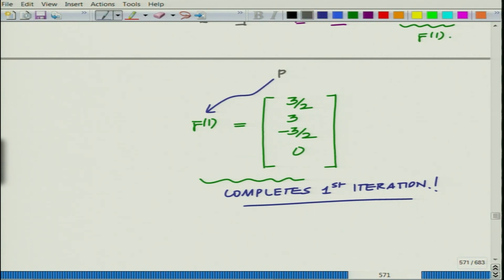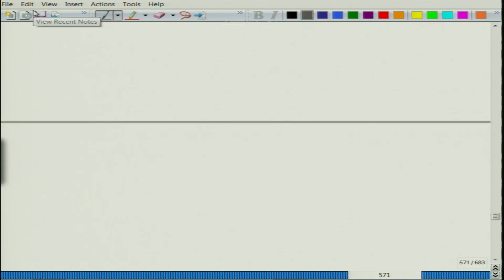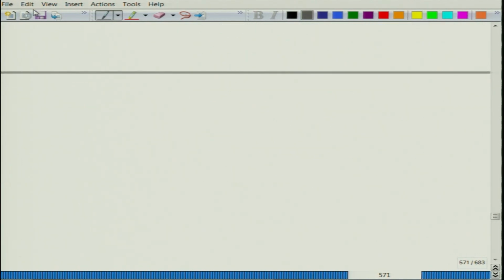Okay. Now, the point is, now we begin the second iteration.